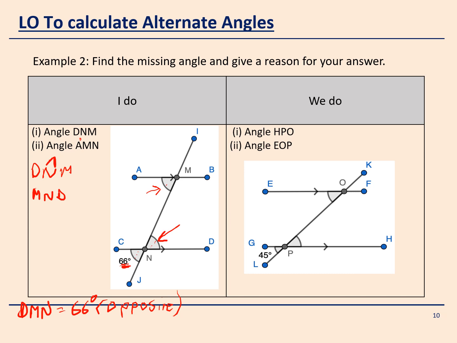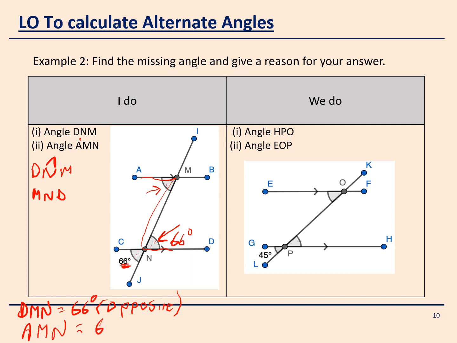Now we're asked to find AMN. What shape have we got here? We've got a Z. So it's alternate. So we now know that this is 66 degrees.